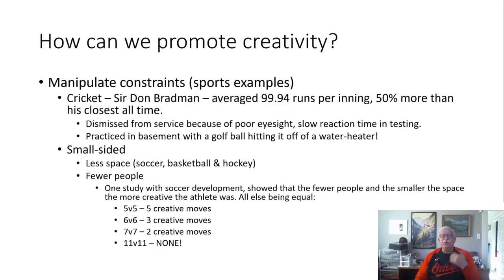Because you're not so fearful of giving up the ball that you'll never get it for the next 20 minutes in an 11 on 11 situation. In a 5 on 5, you'll get far more opportunities to work with the ball and deal with the ball in different kinds of situations. And what you see is, as you go from 5 versus 5, 6, 7 to 11 versus 11, the decrease in the creativity or creative moves that emerge.